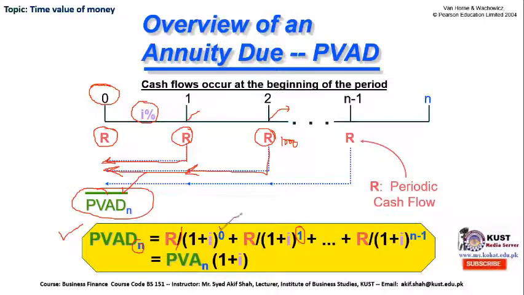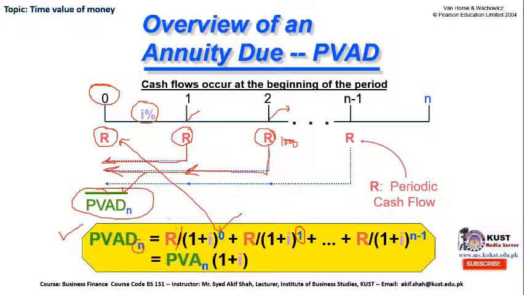The reason for this 0 is that you are going to discount the first cash flow at today's date, and this has no compounding or discounting impact. So the 1000 will remain as it is because anything raised to the power 0 is actually 1.